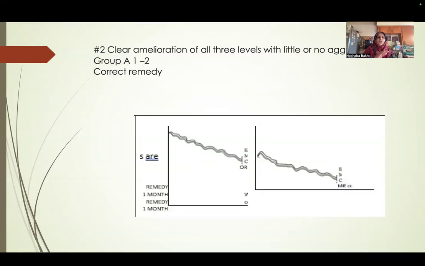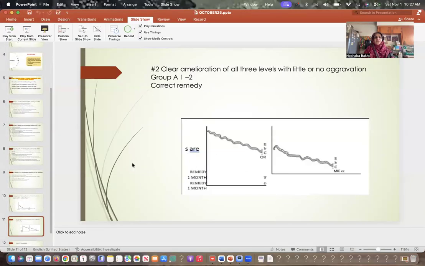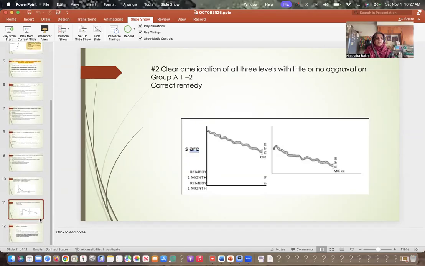Or in group A, nothing goes up, all comes down. Coming down means he got better mentally, emotionally, physically, and in energy, everything. This is all good for group A also. These are the different pictures that we can see in our people when they start taking the homeopathic remedy. Any questions so far?